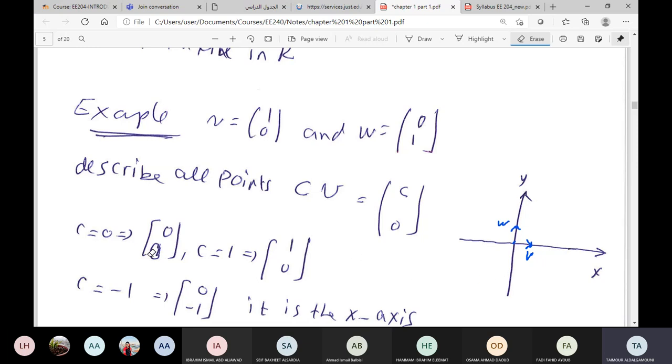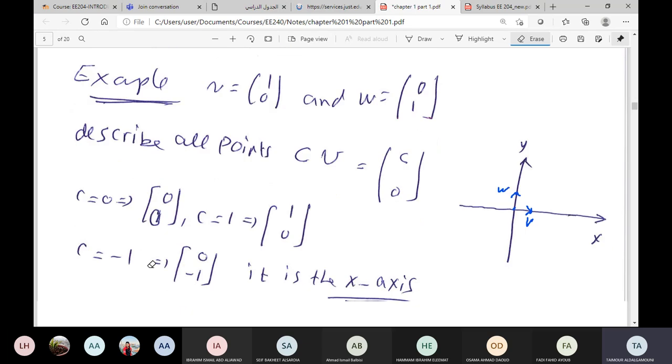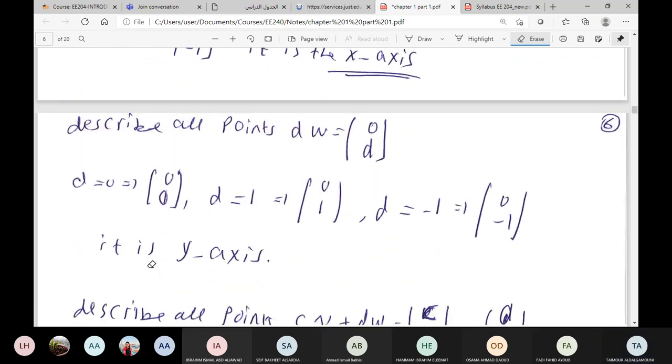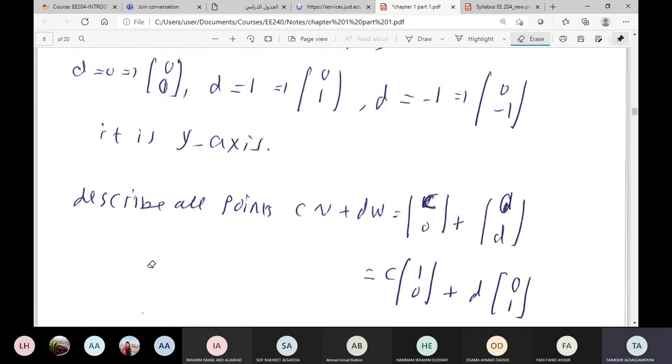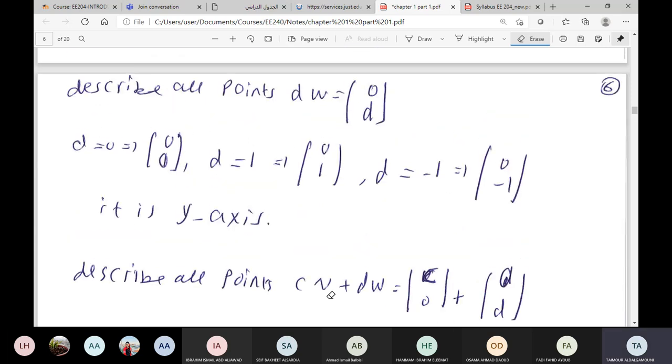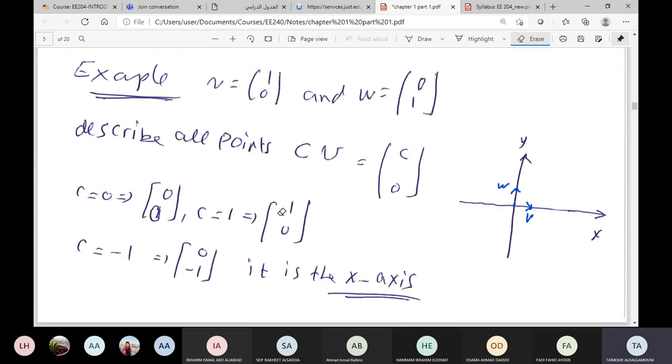Now, how about if we take a linear combination of V and W? That's multiplying V by a C and W by a D. Then their linear combination will be the whole of R2, the whole of the XY plane.